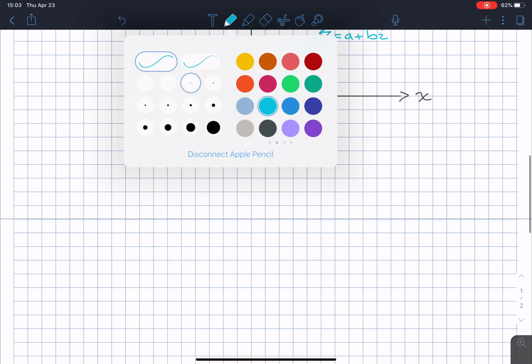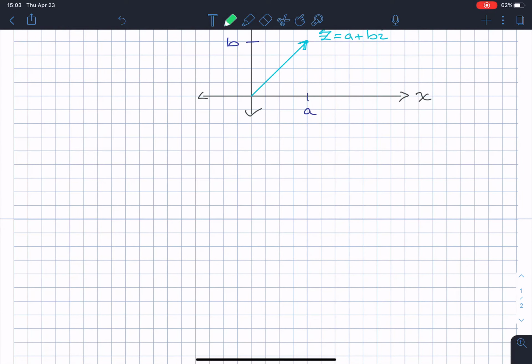So let's note. Z equals A plus BI has magnitude or length, the norm of Z, equals the square root of A squared plus B squared.